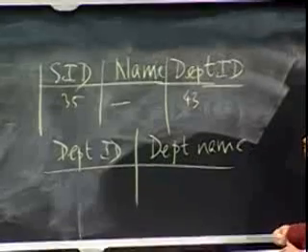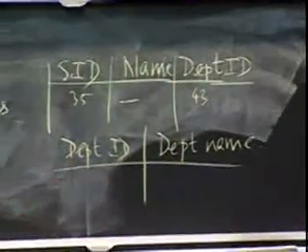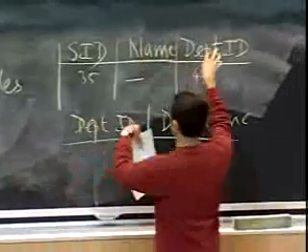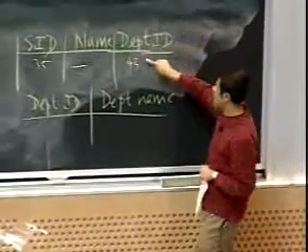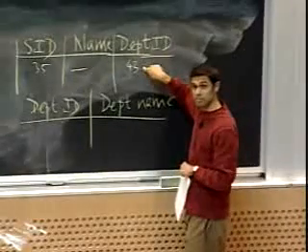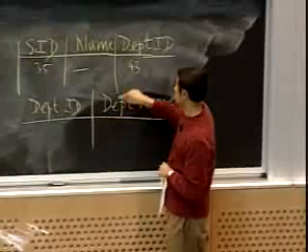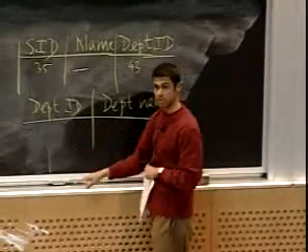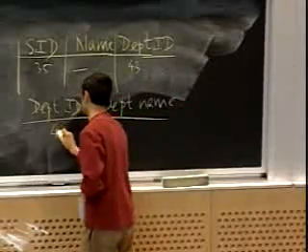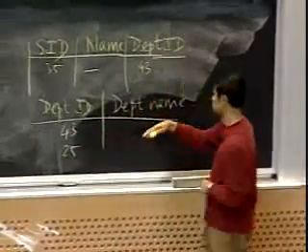Now, the kind of constraint, the kind of invariance we're worried about is that the person who's designed this database might say that you're not allowed to add a department ID that's non-existent. What that means is that there are these two tables, and you shouldn't allow any transaction to write a department ID which isn't already in this table. So if 43 might be in this table, and 25 might be in this table, but a number that's not in this table shouldn't be added here.